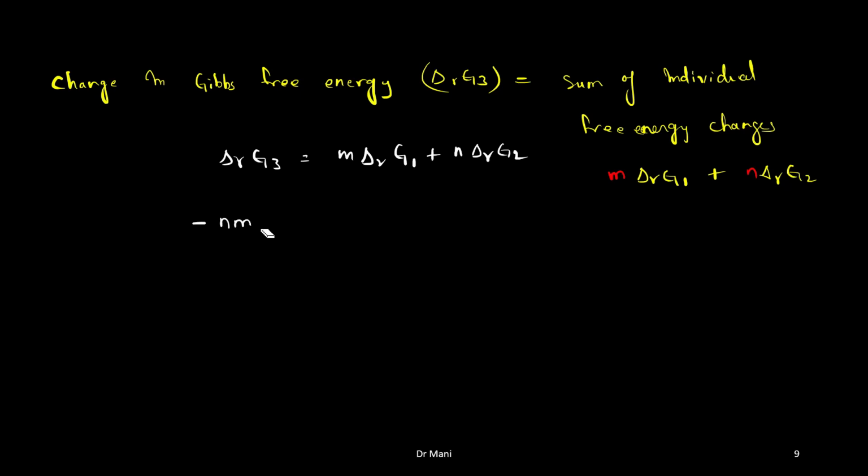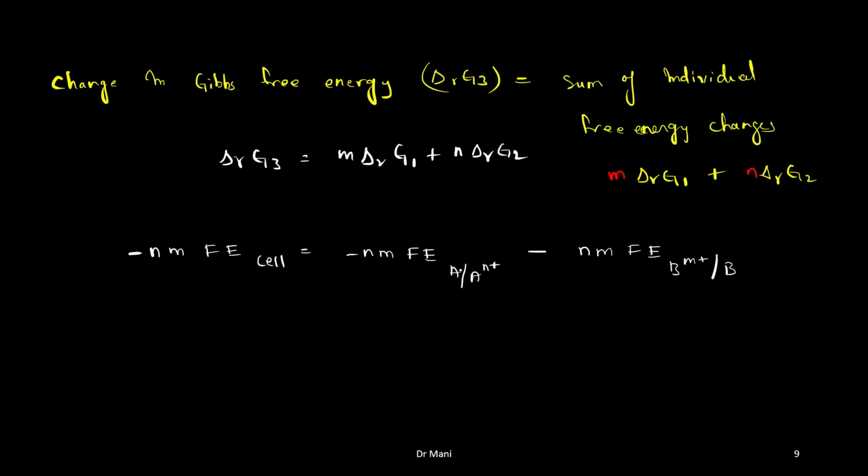So nm F E cell is equal to minus nm F E. One is oxidized, so it will be A to An+. The other one will be reduced, nm F E, Bm+ to B.